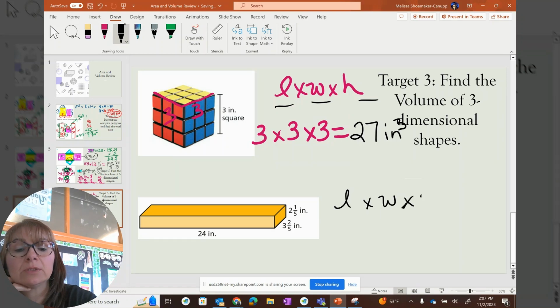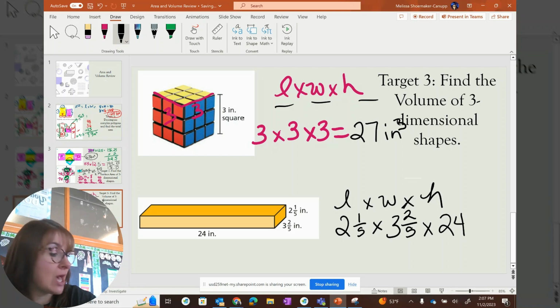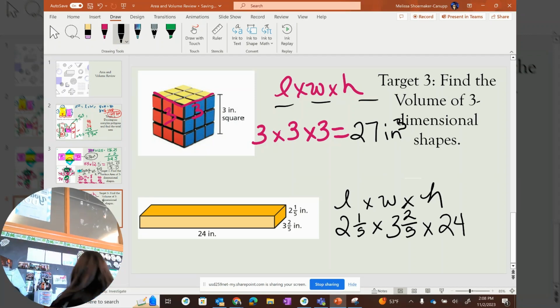Now, length times width times height. Oh my goodness. 2 1/5. Does it matter what order I'm putting these in? Nope. Now remember, you have to know how to put this in your calculator. So I am going to verbally tell you what I'm putting in my calculator.